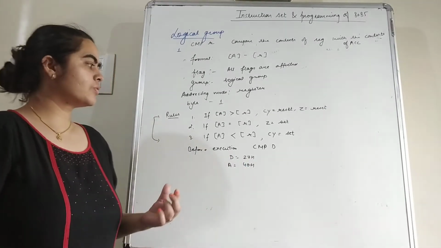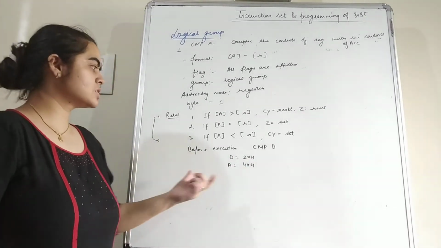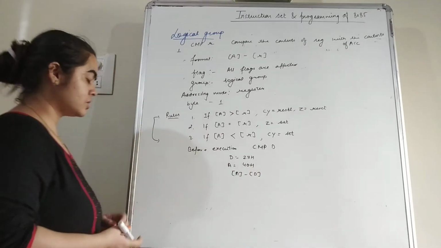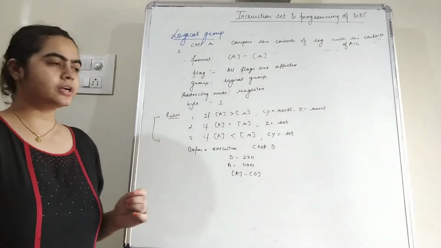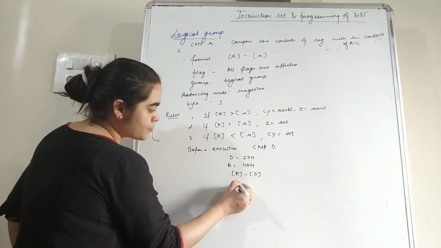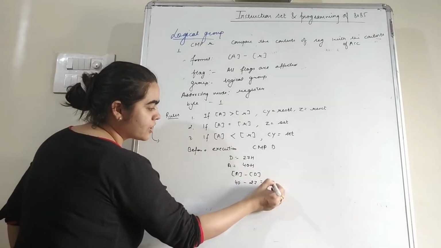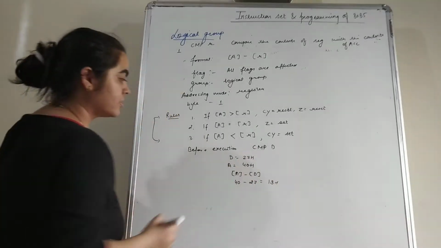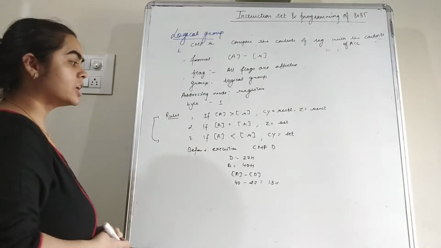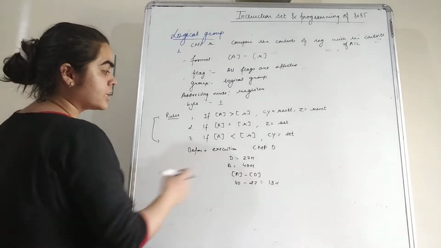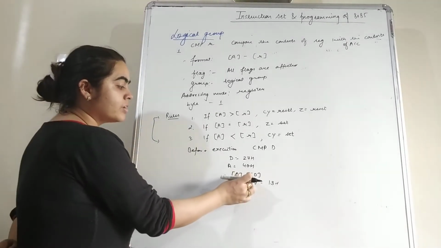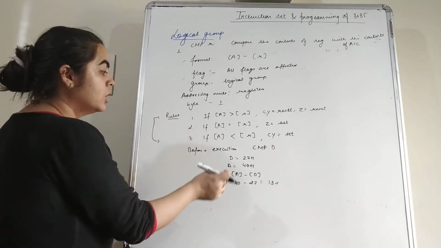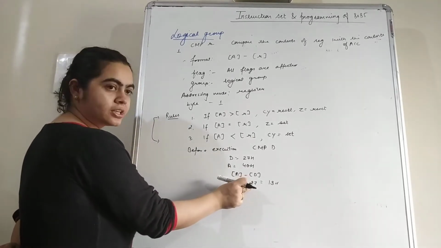When we subtract the contents of D from the contents of the accumulator, subtracting 27H from 40H gives a positive result, that is 13H. So students, here the result is positive. That means when we subtract the contents of D from the contents of the accumulator, the value of the accumulator is greater than the value of D.